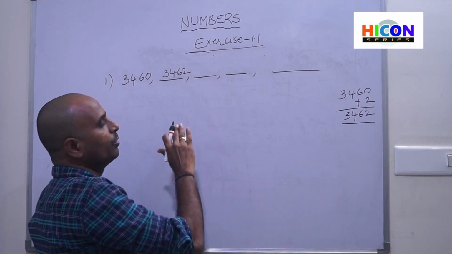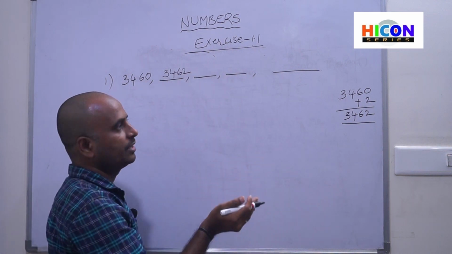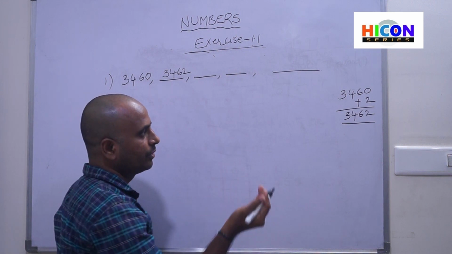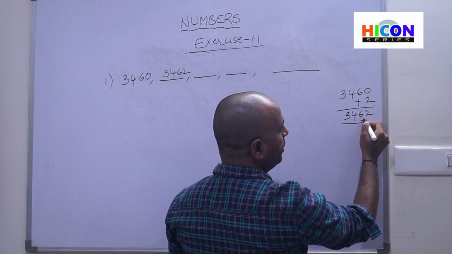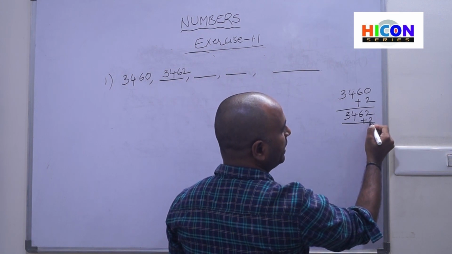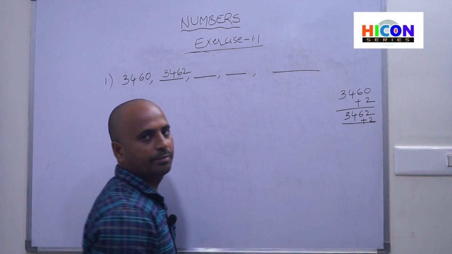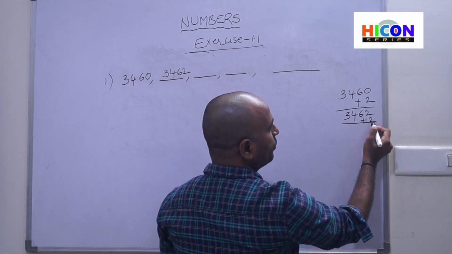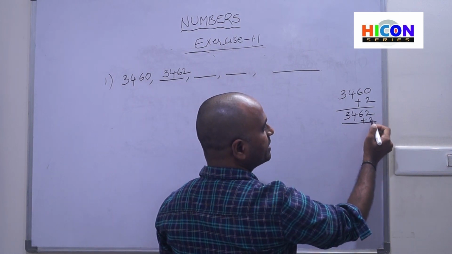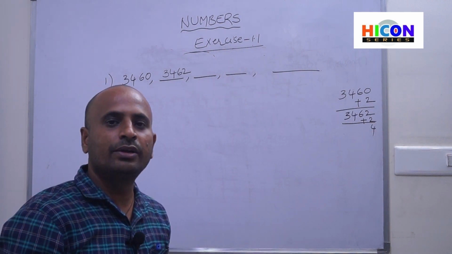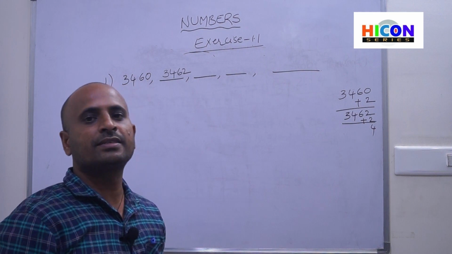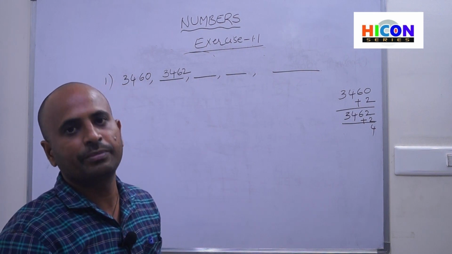So the next number becomes 3462. Now again count 2. That means again add 2 for the given number. So add 2 for the ones place in the given number. You just have to add 2 for the ones place, then you will get the next number.